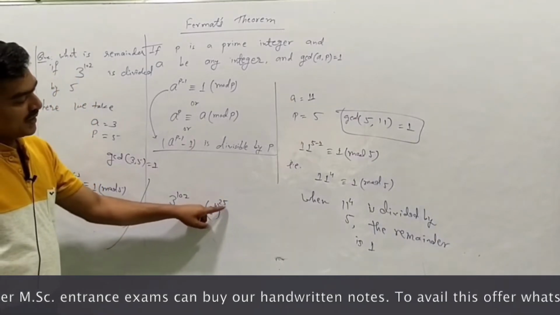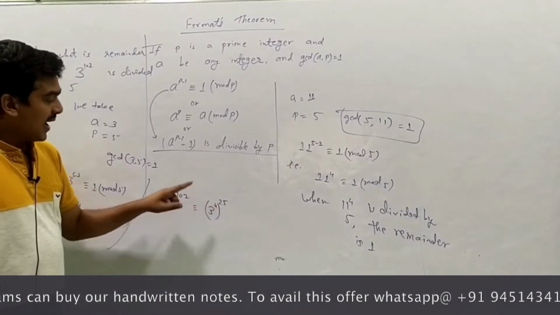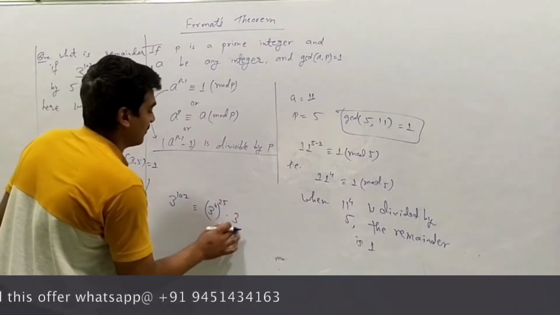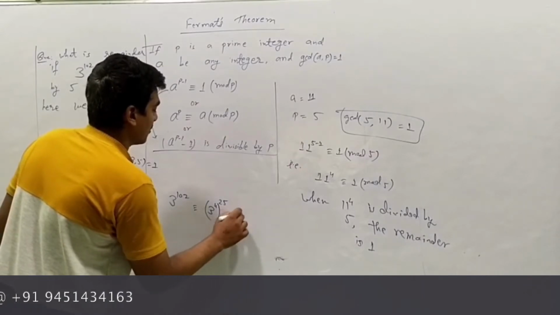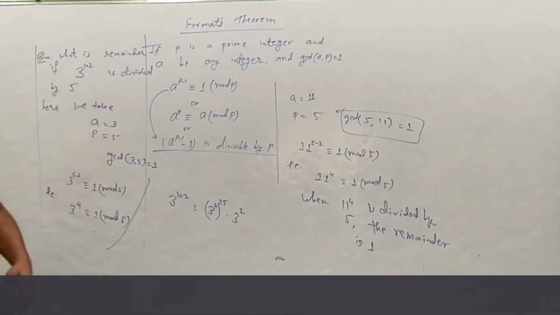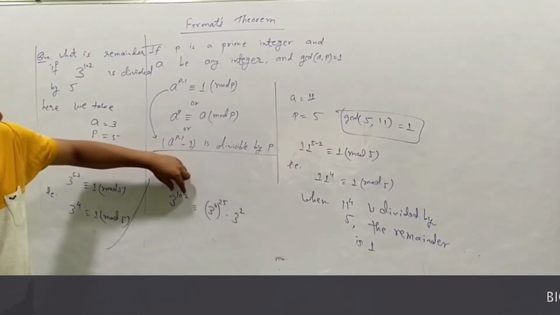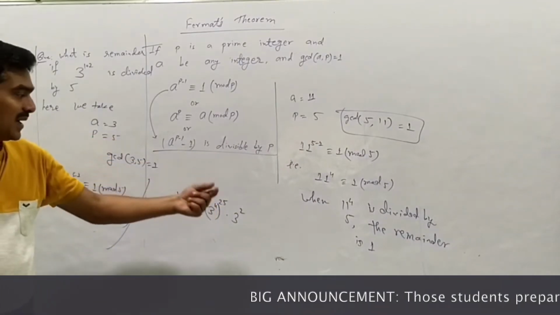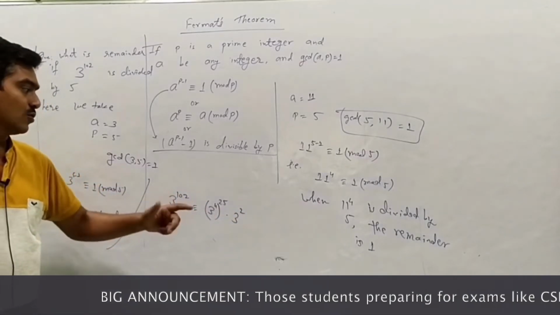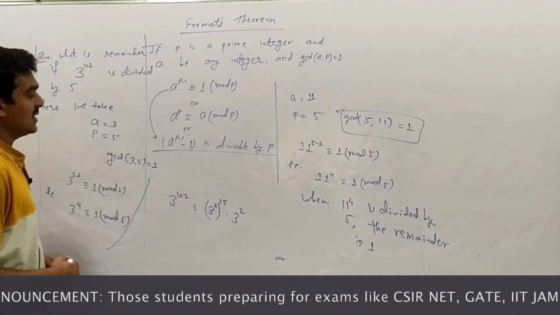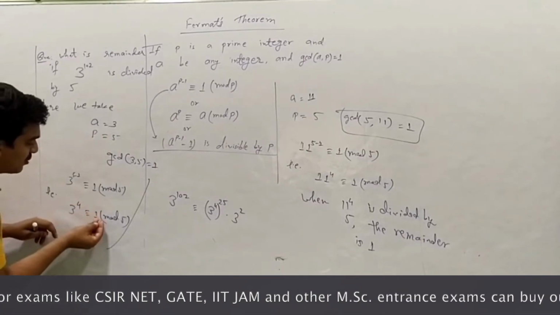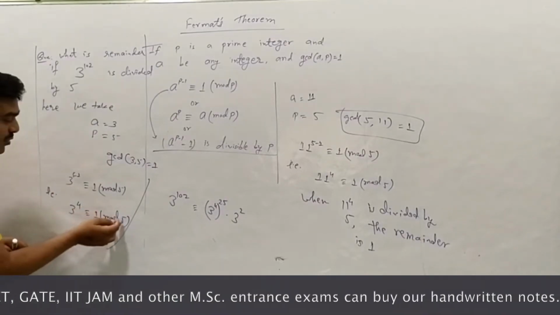25 times 4 is 100 and the remaining 2 powers, so we write 3 raised to the power 2. So in total it becomes 102. How? 25 times 4 is 100 plus 2 power, that is total 102, and we see that 3 raised to the power 4 is congruent to 1 modulo 5.